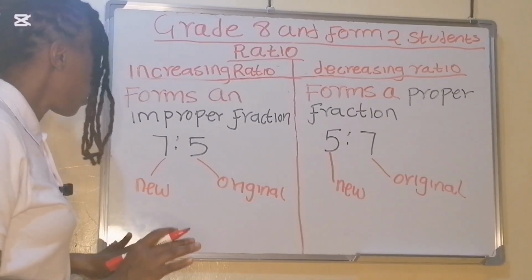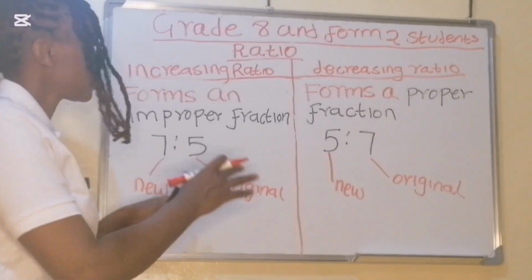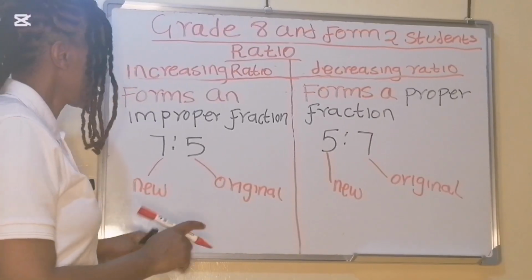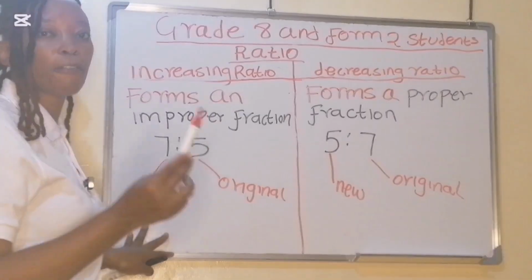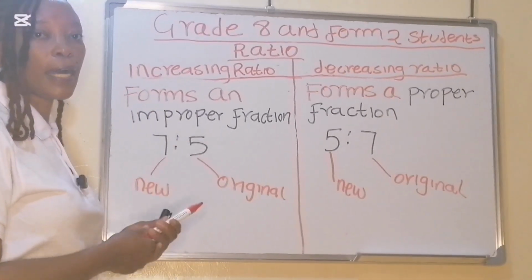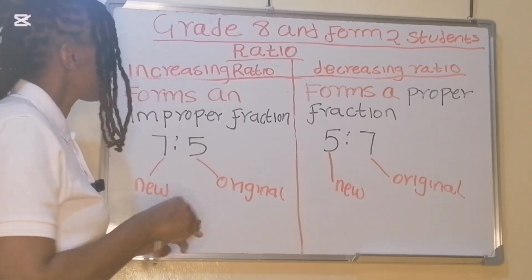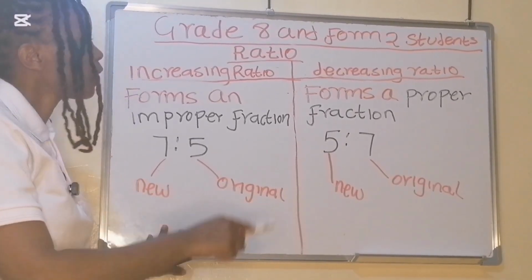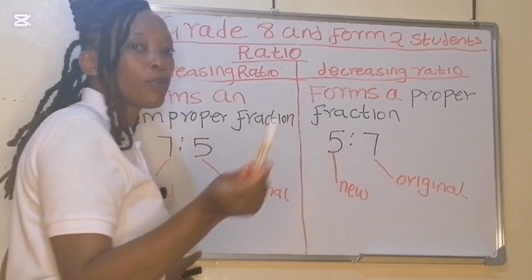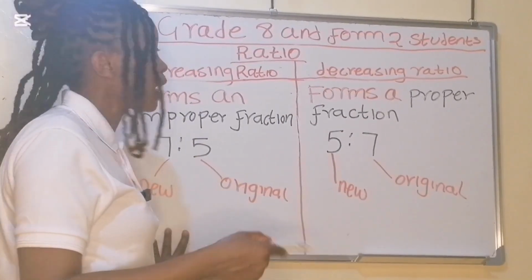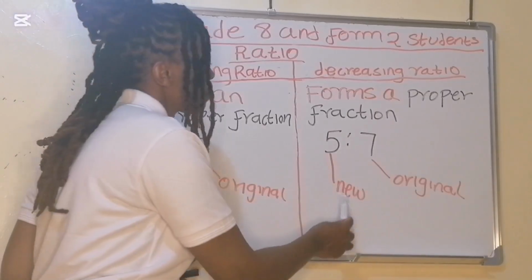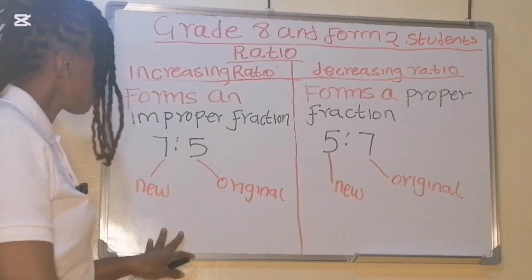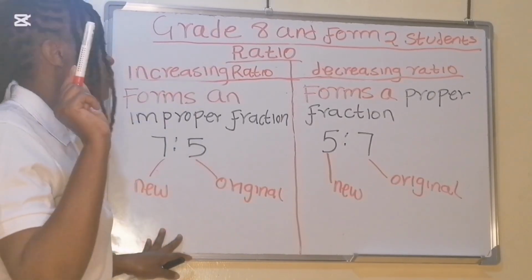You will be able to solve word problems when you understand this concept I am about to explain. In an increasing ratio, when you are given a ratio, the first part is new, the second part is original. Even for a decreasing ratio, once you have identified it, the first part is new and the second part is original. The first part is always new, the second part is original.